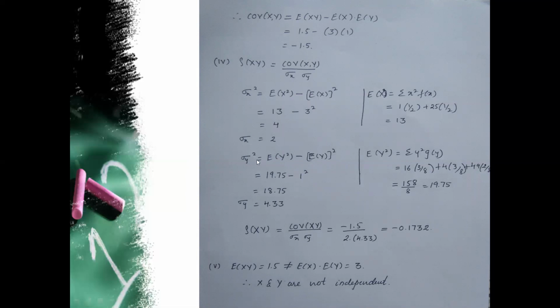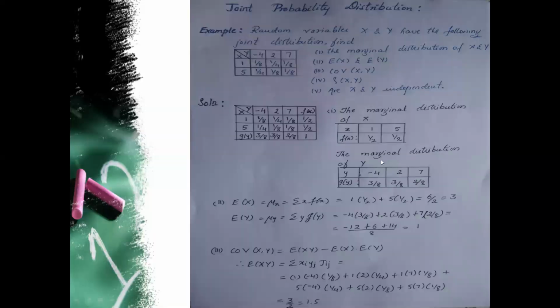Now similarly we'll go for sigma y square: expectation of y square minus expectation of y whole square. Expectation of y square, again, is summation of y square into g of y. So we'll get 16 into 3 by 8, 2 square, that is 4 into 3 by 8, 7 square, that is 49 into 2 by 8.